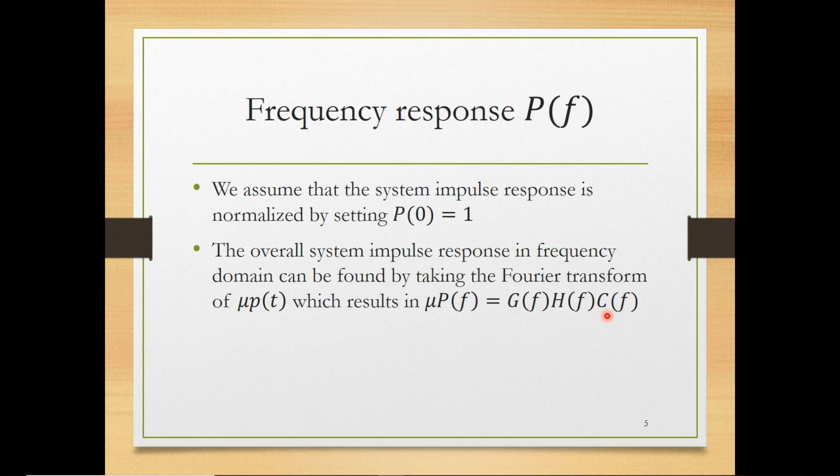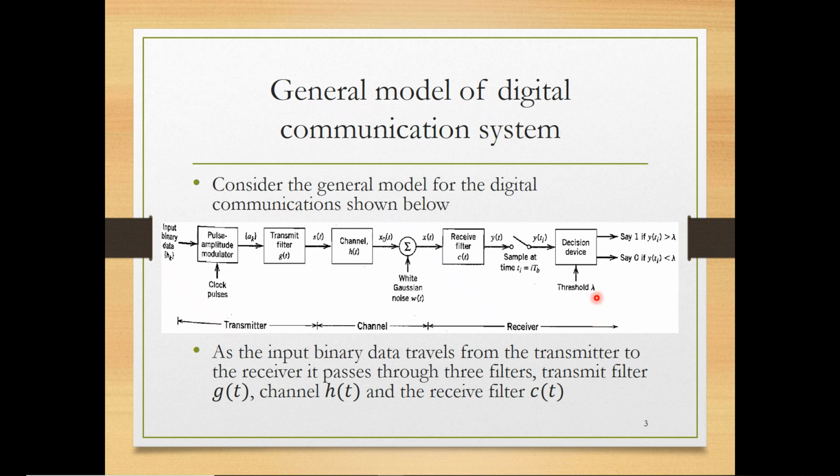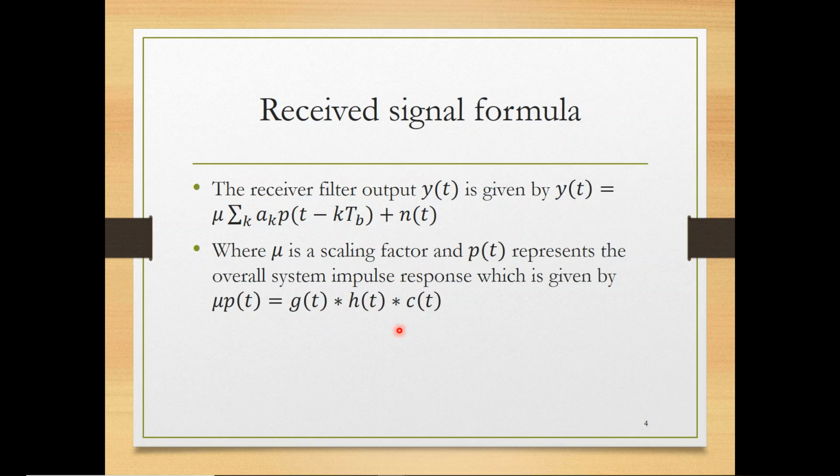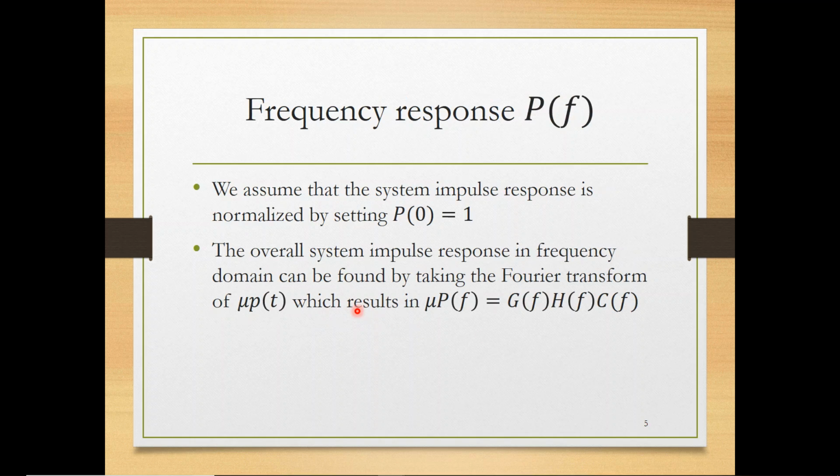This is the receive filter in time domain, this h of t, this g of t. So when I go to the frequency domain, instead of having convolution you have multiplication, which is much easier to find.